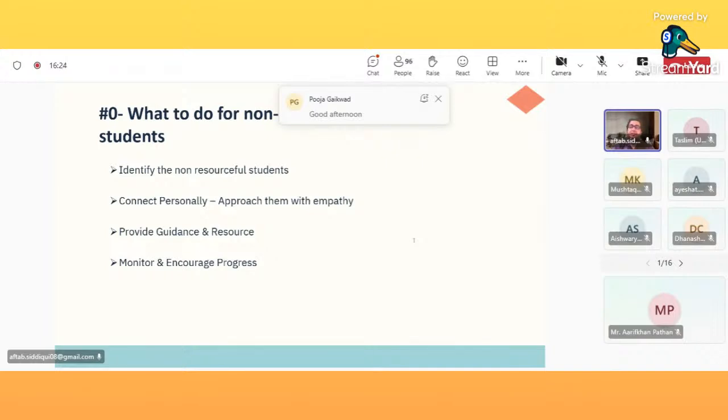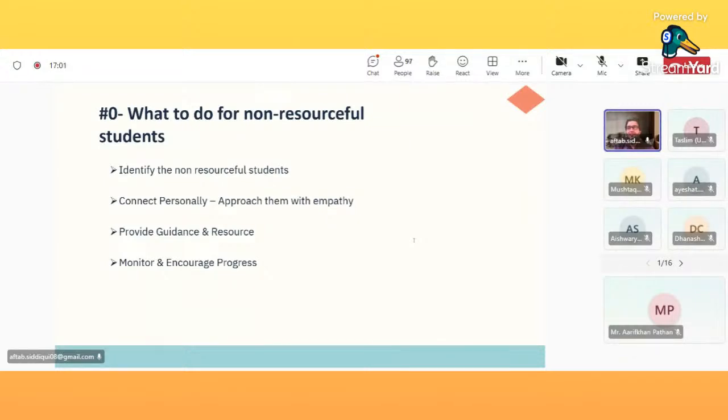And the third thing you can do is provide some guidance and resources. You can encourage them to seek help through a personal counselor or a mentor or academic support system. If needed, introduce some cognitive behavior therapy strategies. You can call a therapist or mental health counselor to take a lecture with students so they can understand how exactly thoughts, emotions and behavior are interconnected.